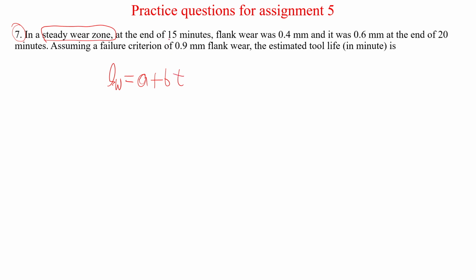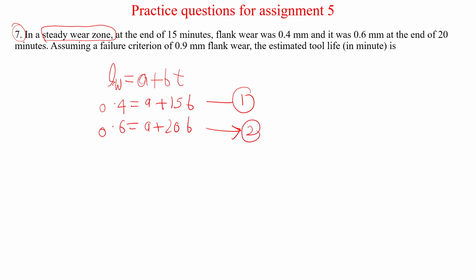Now it is said for 15 minutes the flank wear is 0.4. So 0.4 equals a plus 15b, equation number 1, and for 20 minutes it is 0.6. So 0.6 equals a plus 20b, equation number 2. You can solve these two equations.